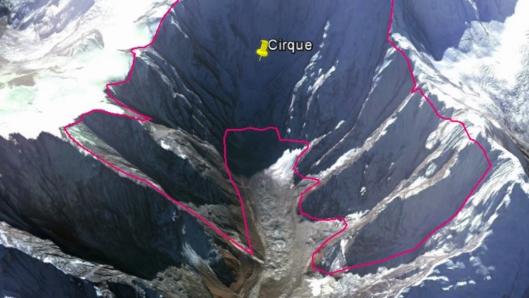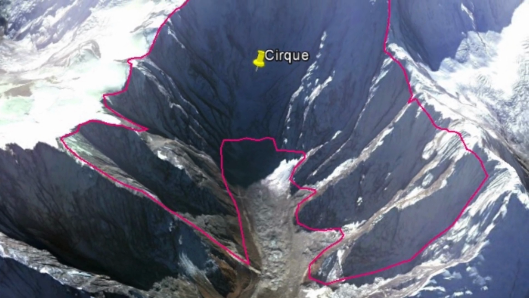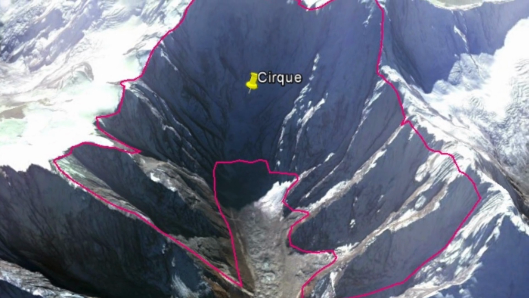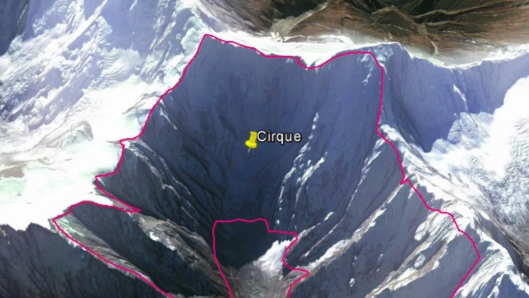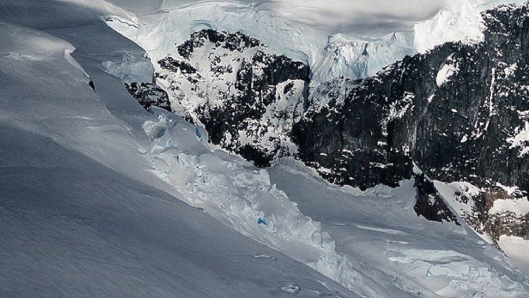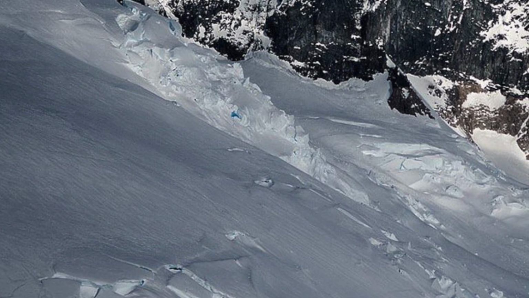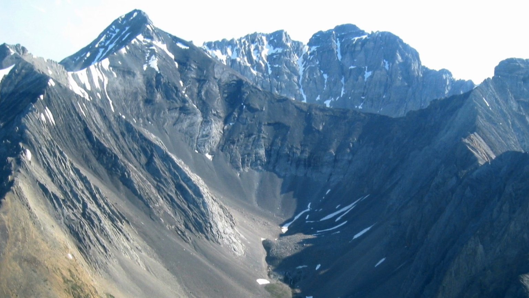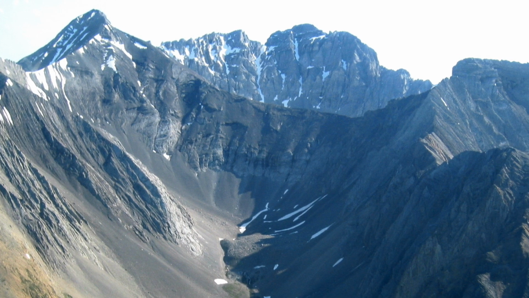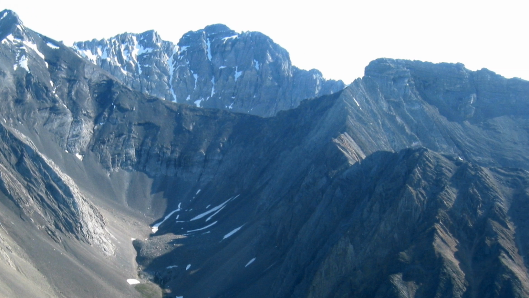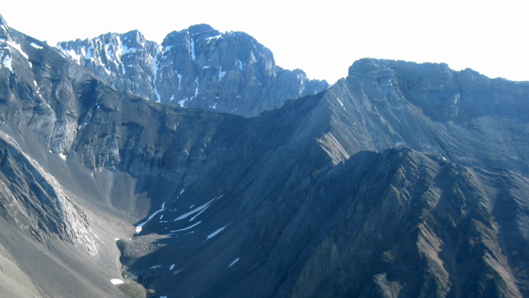A cirque is formed at the head of the valley glacier where some snow accumulates and is compacted to form a cirque glacier. The accumulated ice cuts the cirque while moving down the mountain tops. Cirques are deep depressions with very steep concave slope with high walls at the heads as well as the sides.